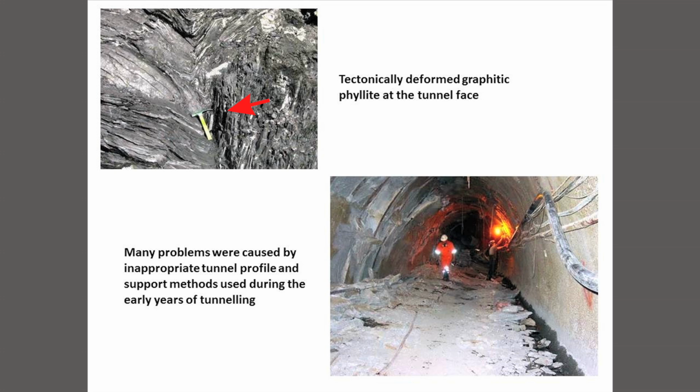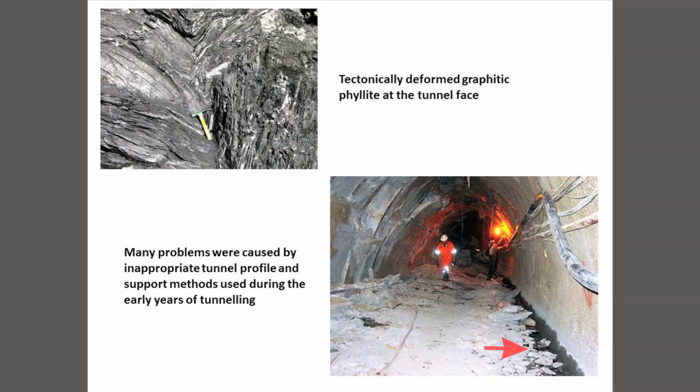And the lower right is a photograph of a horseshoe-shaped tunnel that was chosen for some of the early excavations. A horseshoe is not a good shape because the rock tends to squeeze in all directions, and the first thing it will do is pop the floor up and break the connection between the walls and the floor, as you see there. And ultimately, that leads to almost a complete collapse of the tunnel.